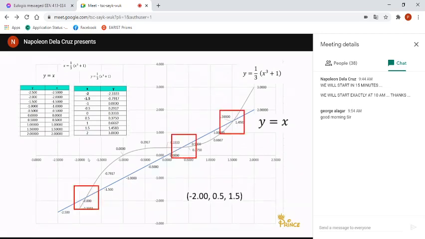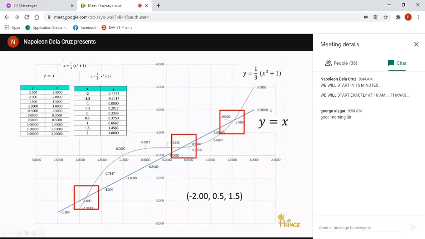Okay? Negative 2, 0.5, and 1.5. Yan lang yung malapit na intersection nitong line na to at saka nitong line na to.